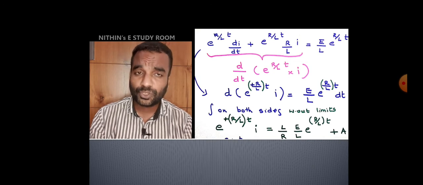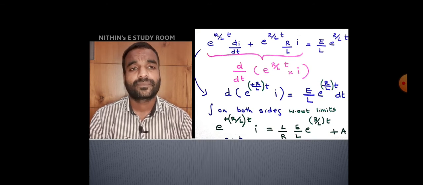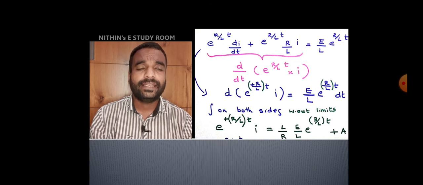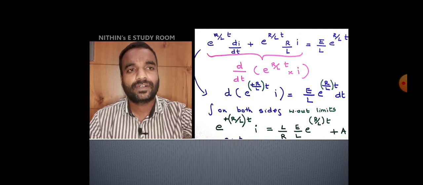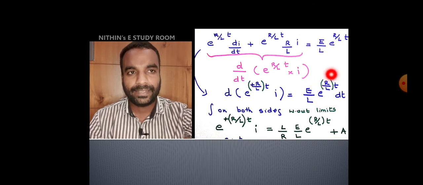If you are doing so, you have to take a constant of integration, or it is the anti-differential concept. Okay, I hope you know it. So, if you are integrating both sides, you will get e raised to R by L t into I is equal to, if you are integrating this one, E by L is a constant and then e raised to this term will be like this only.